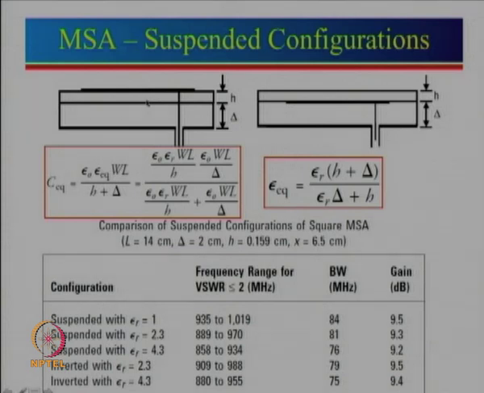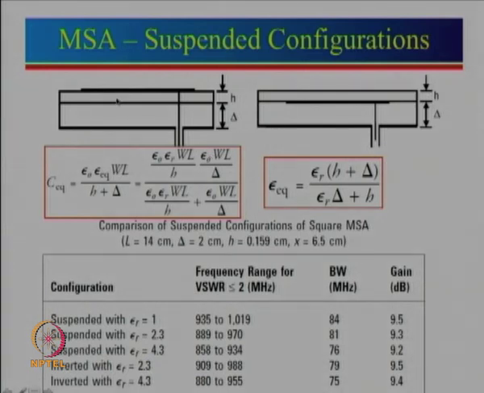Total height will be h, which is the substrate thickness, plus delta, which is the air gap. So, that is the total effective capacitance, and this can now be equated to the capacitance between this one and this, and the capacitance from here to here. We can actually calculate the capacitance between this and this layer, and then calculate the capacitance between this and this layer, and in this case epsilon r will be equal to 1.